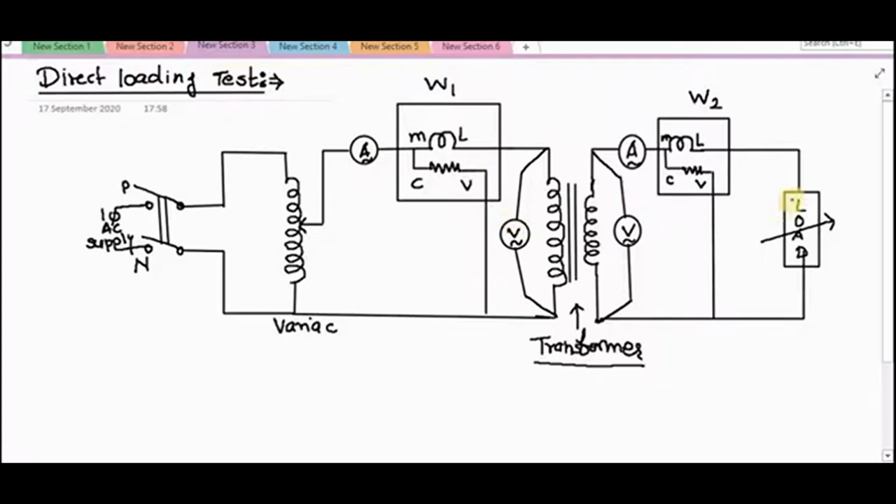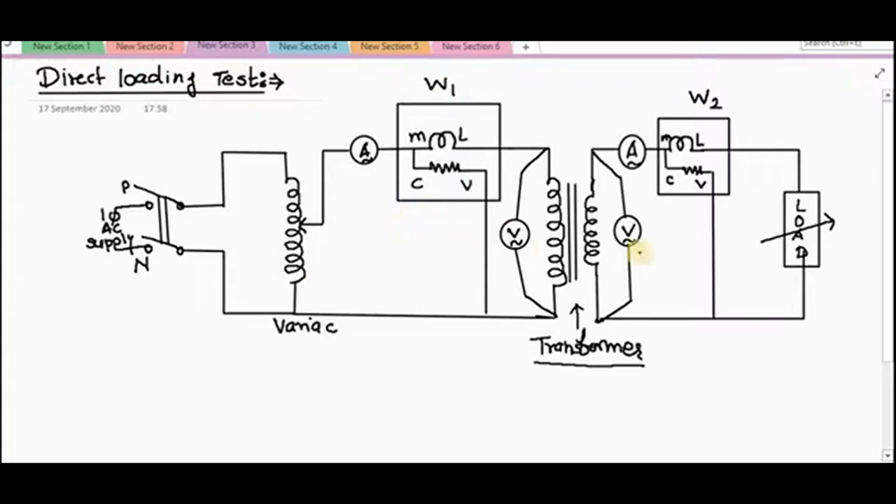A variable load is connected across the secondary. One ammeter, one voltmeter and one wattmeter are placed on the secondary side also, as shown in the figure. We have connected the voltage to the primary winding through the variac, which is also called the auto transformer. Why that is like this, I will tell you.